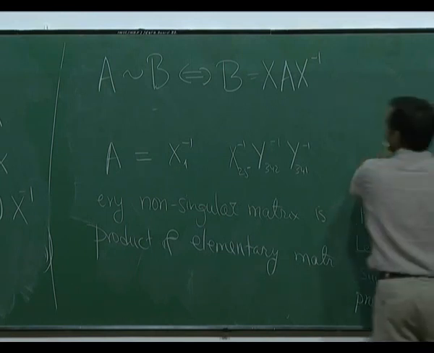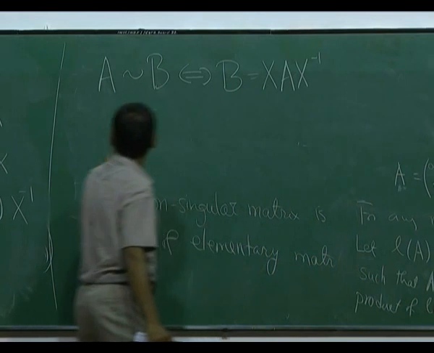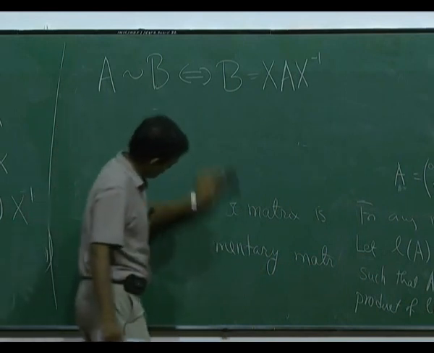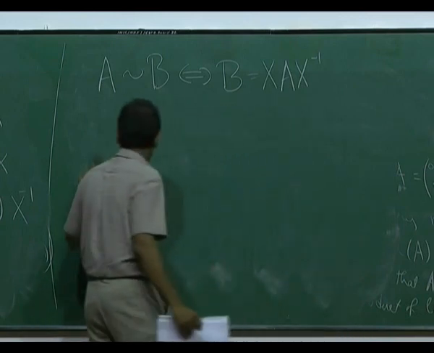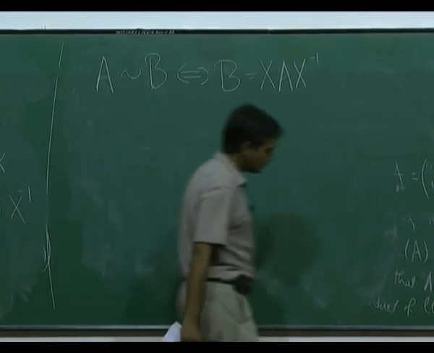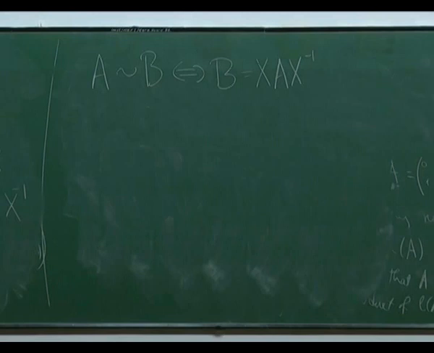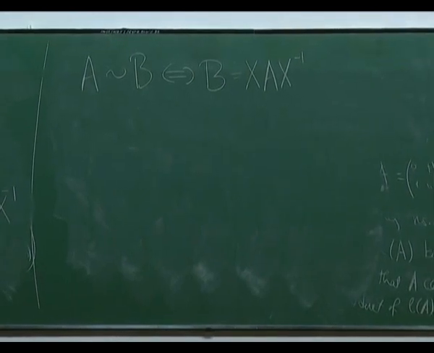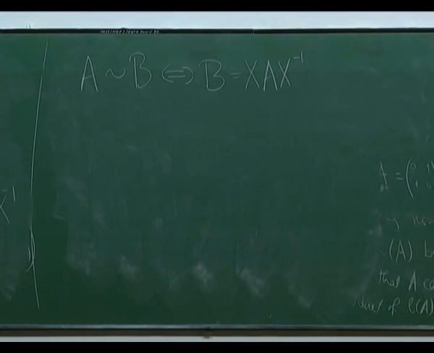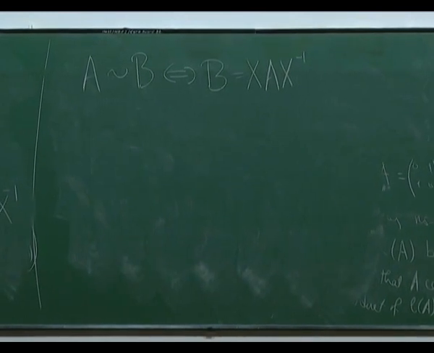And the question is, same questions. Can you find, if I give you two matrices A and B, can you tell me whether they are similar to each other or not?